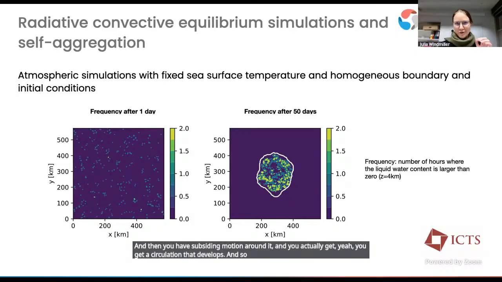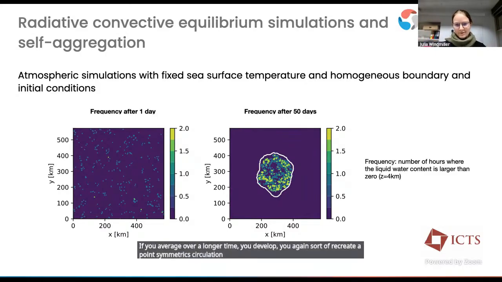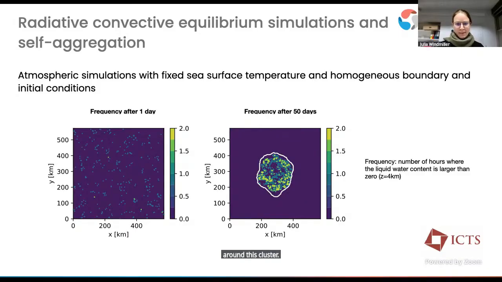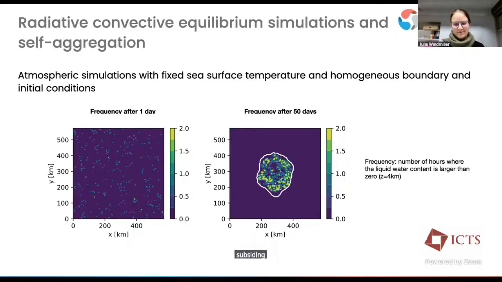Instantaneously, even within this cluster, you still have subsiding motion, but if you average over a longer time, you recreate a point symmetric circulation around this cluster. Oh, okay, thank you. You can think of it as a radial version of the Hadley cell. Rather than having a band of convection, you have a circle where you have rising motion and then a subsiding region that develops around it.